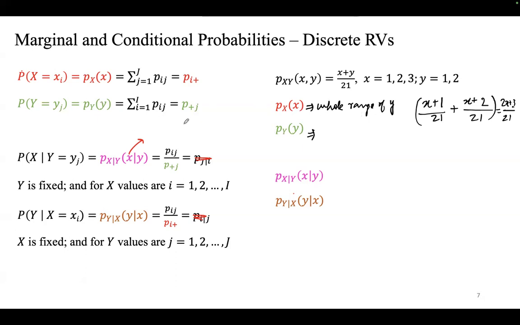I'm integrating over x here. So it's going to be (1 plus y) by 21 plus (2 plus y) by 21 and (3 plus y) by 21. That's going to give me (6 plus 3y) by 21. Okay, so that's the marginal probability of x and marginal probability of y. This is one step.